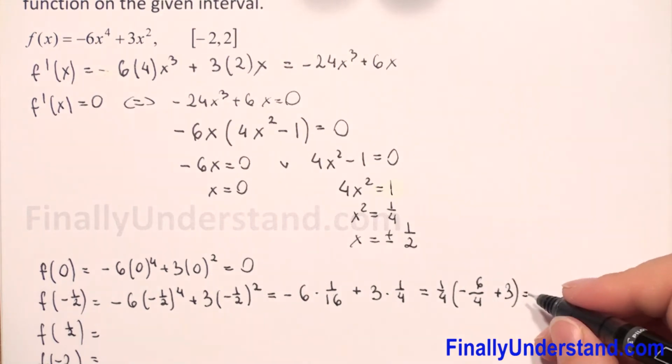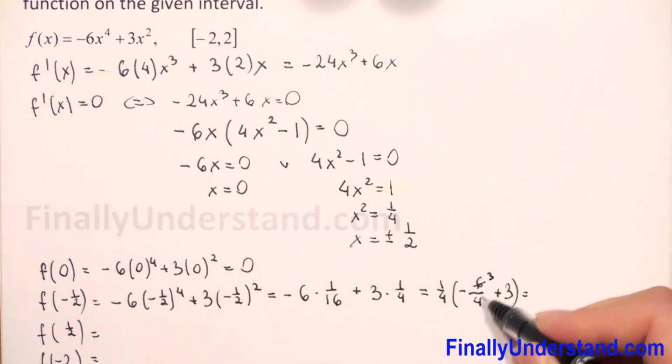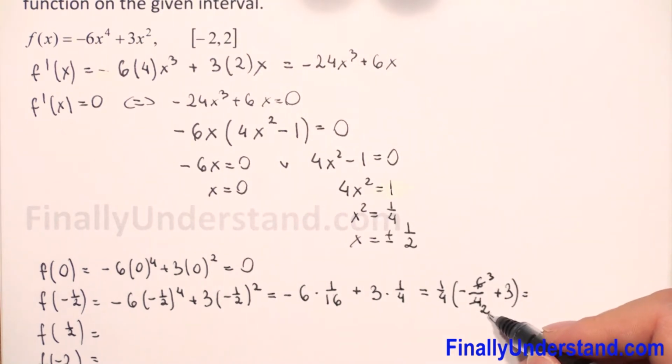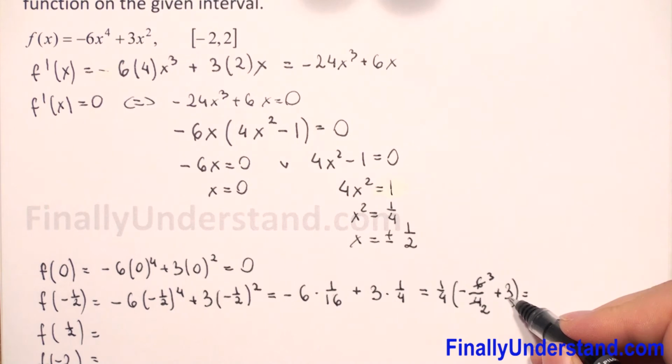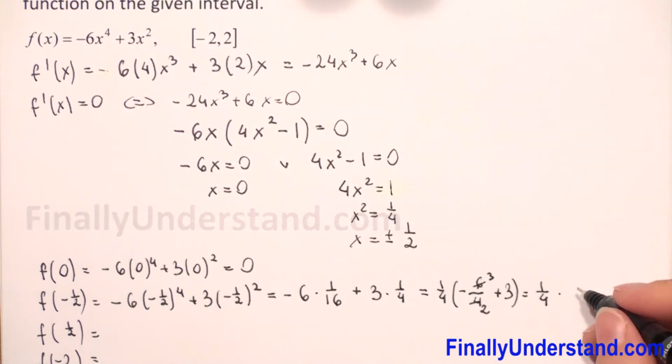Negative 6 over 4 reduces to negative 3 over 2, and negative 3 over 2 plus 3 is positive 3 over 2.